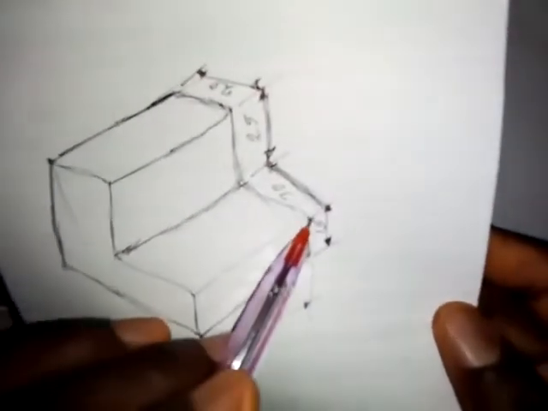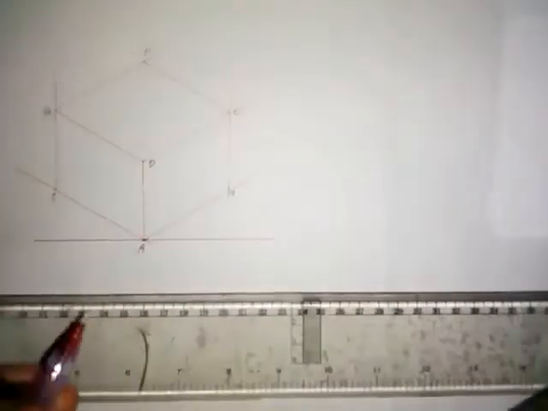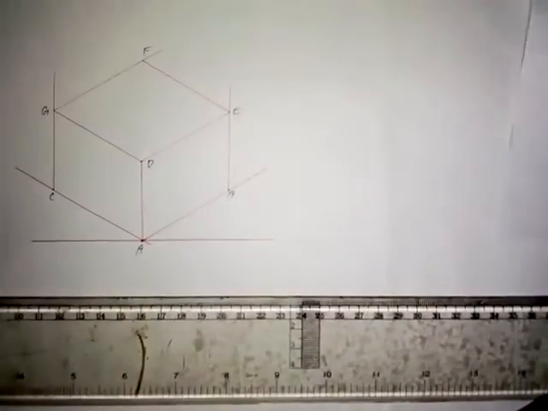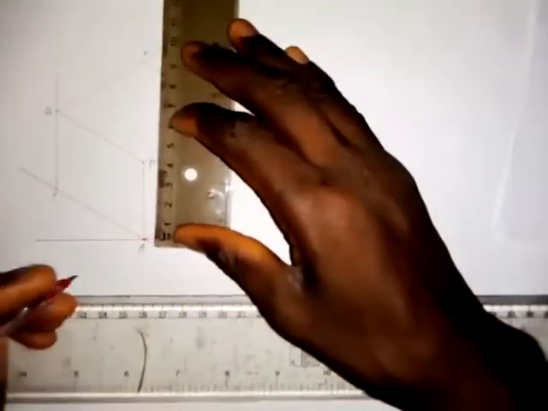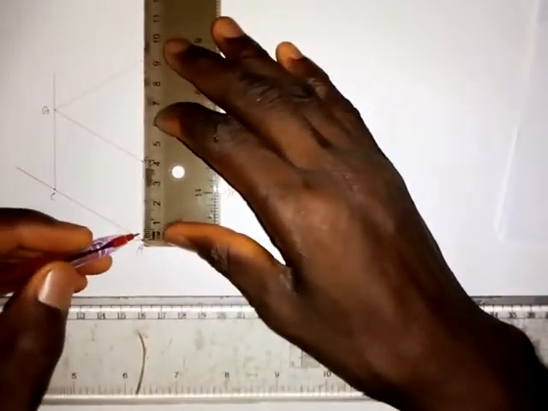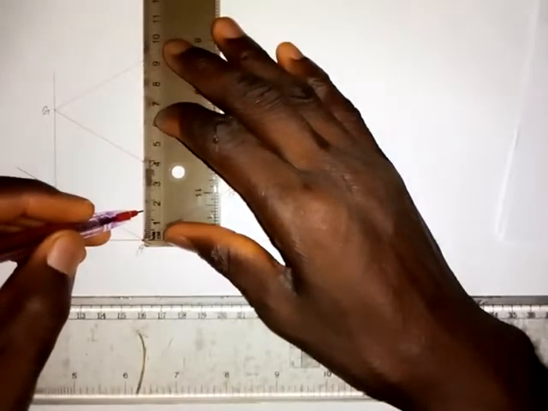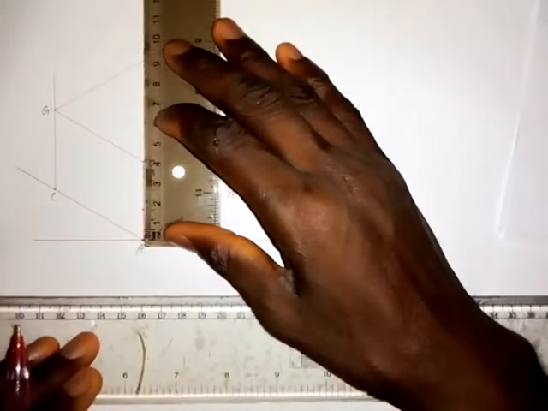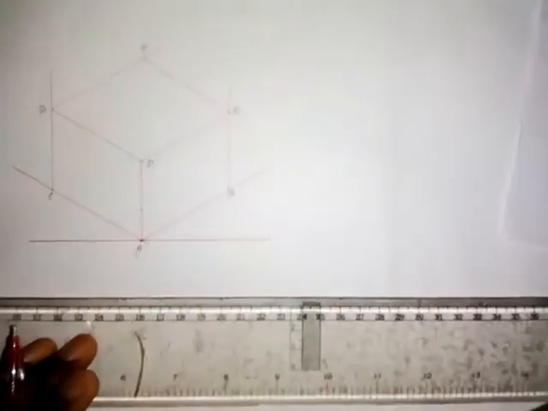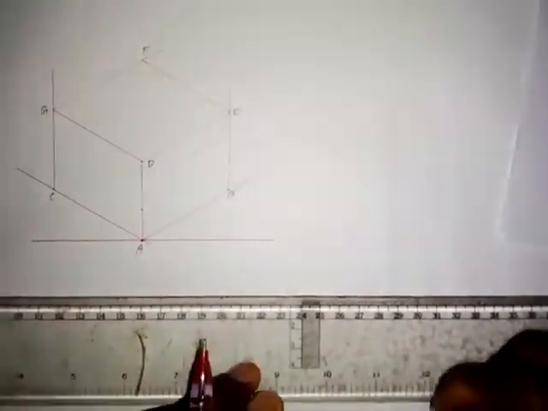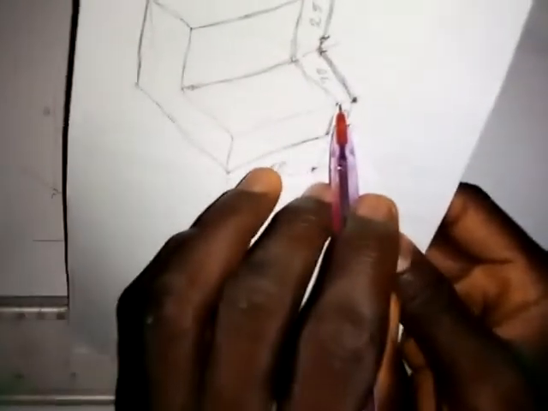The height from here to here is 15 millimeters. So what you need to do now is take your ruler and take a measurement of 15 millimeters from point A up. So this is 15 millimeters here. Okay, so after taking the measurement of 15 millimeters, you can see that this line goes like this.